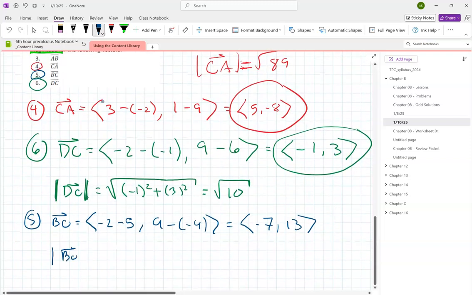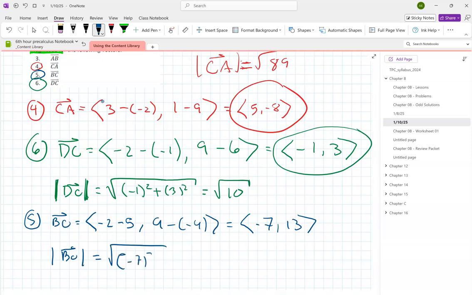And so my magnitude then is going to be -7 squared plus 13 squared. Yuck, 49 plus 169, that's 218, I think. And that probably doesn't reduce.